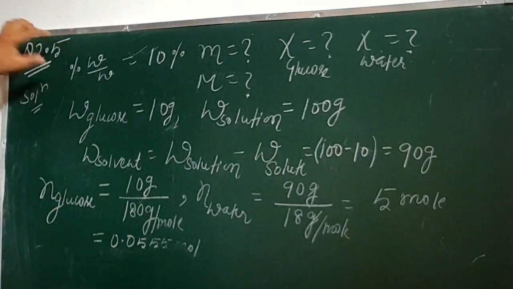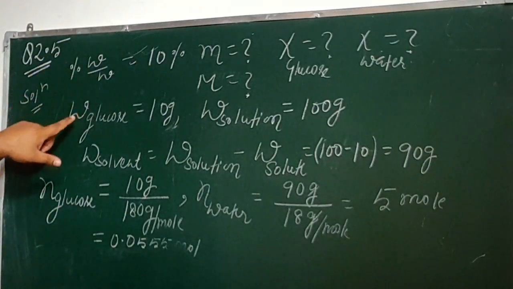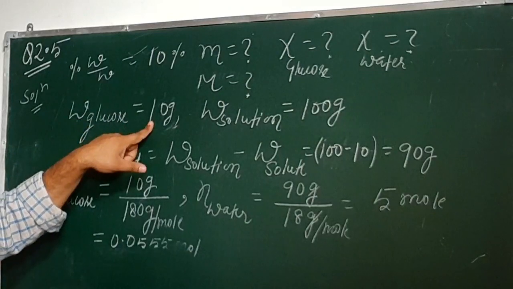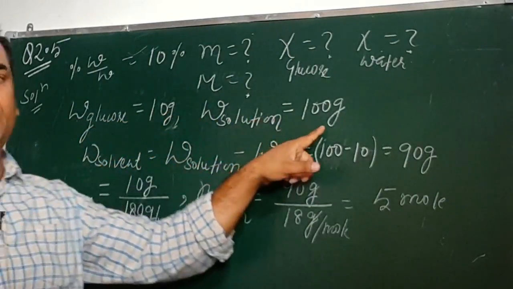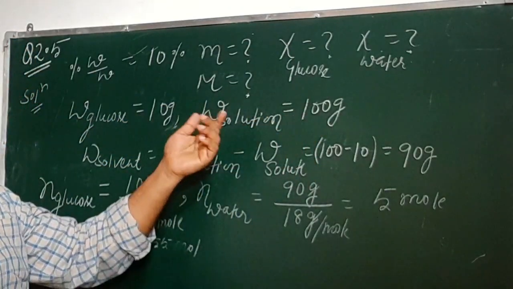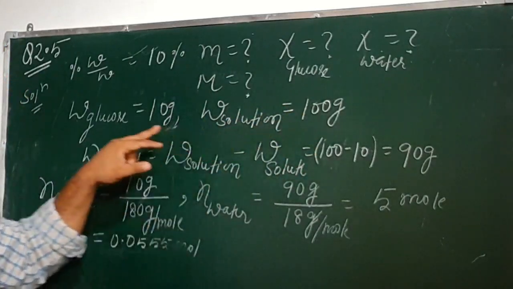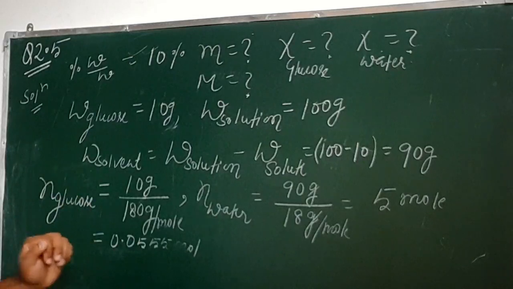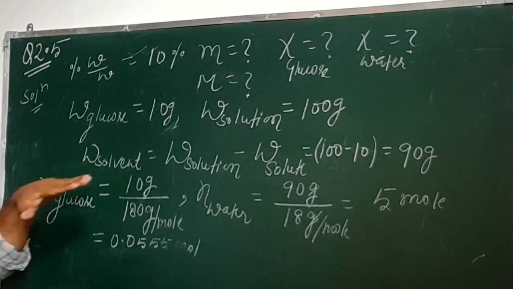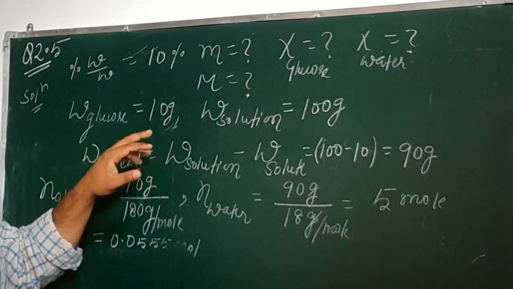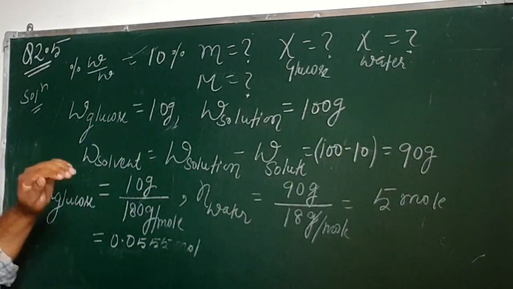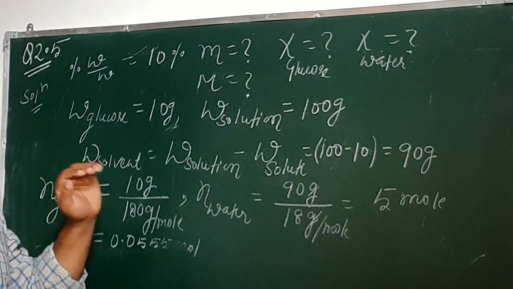From this information, 10% mass by mass means if the mass of glucose is 10 gram, then the total mass of solution will be 100 gram. Or we can also say that if we take 100 gram solution, then it will contain 10 gram glucose. We know that whenever we prepare a solution, we mix a solute and solvent. So mass of solution is equal to mass of solute plus solvent.